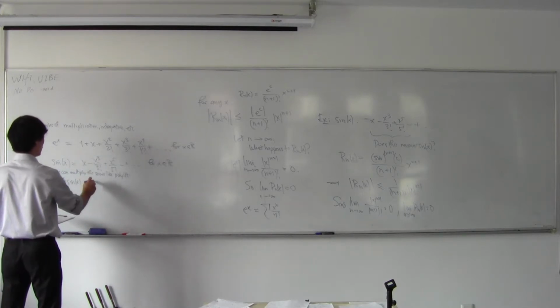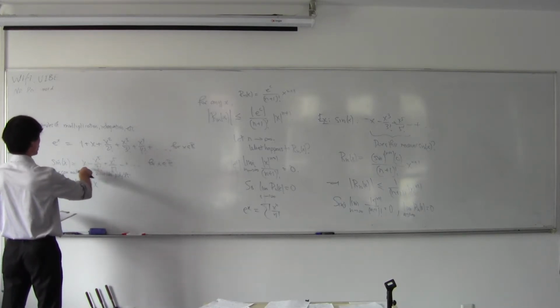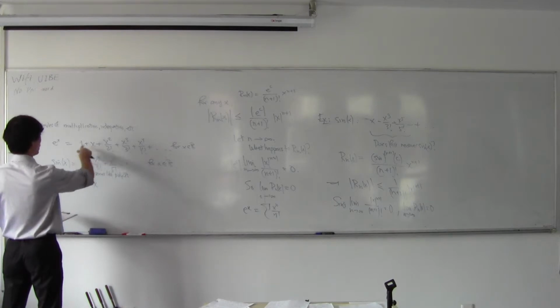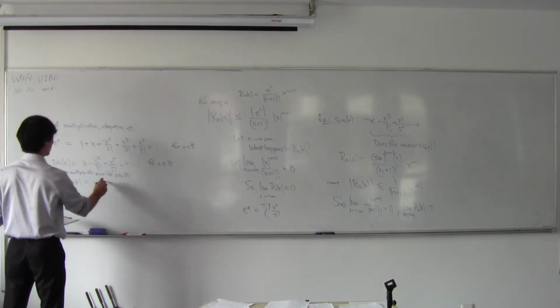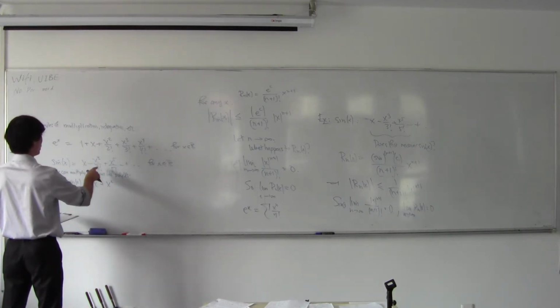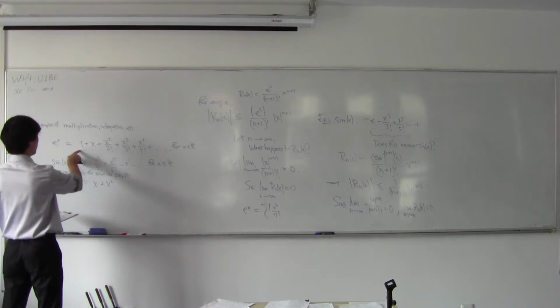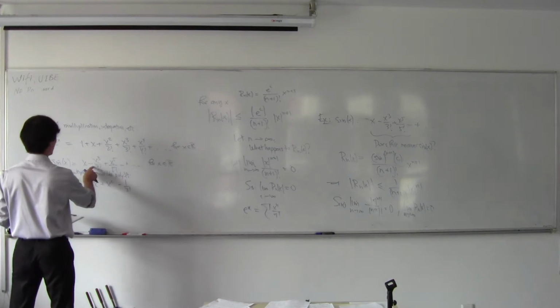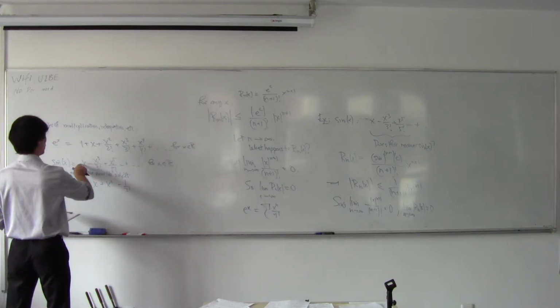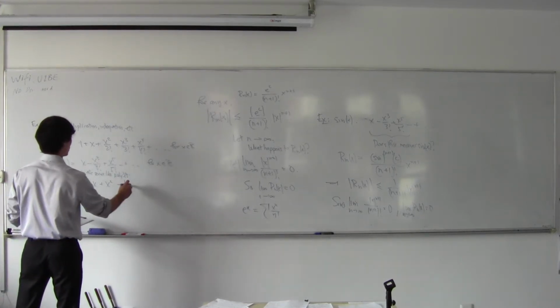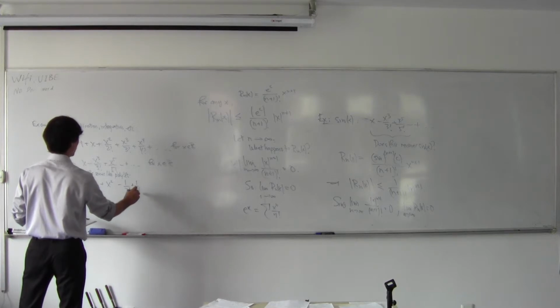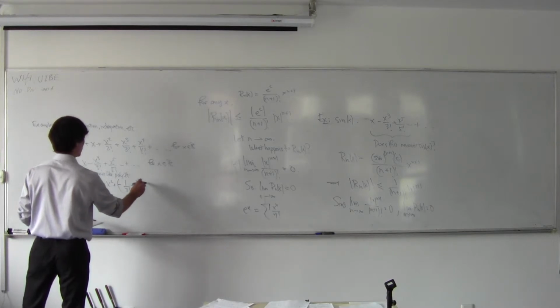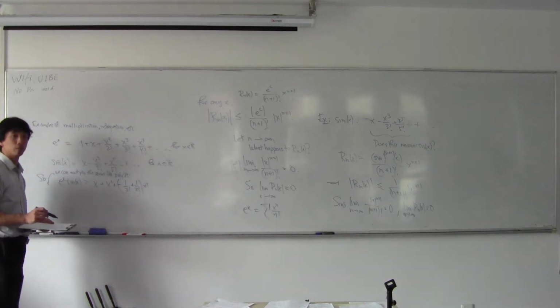We're going to get x. We're going to get an x squared, right? How many x cubes do we have? Well, we have minus 1 over 3 factorial x cubed from here, but we have plus 1 over 2 factorial x cubed, right?